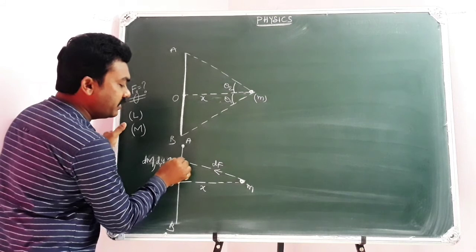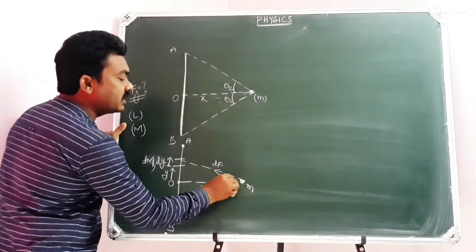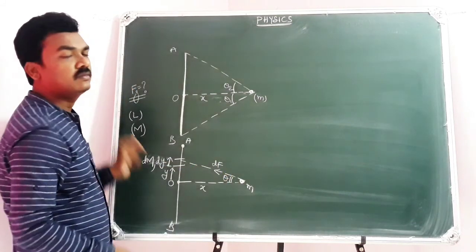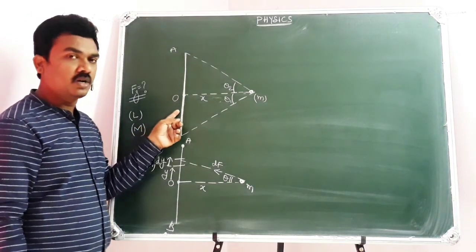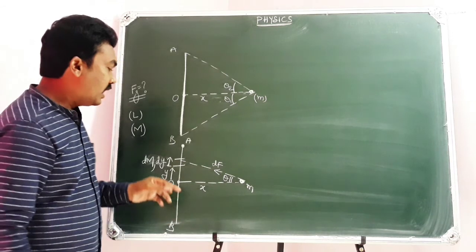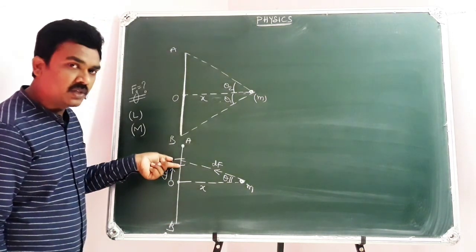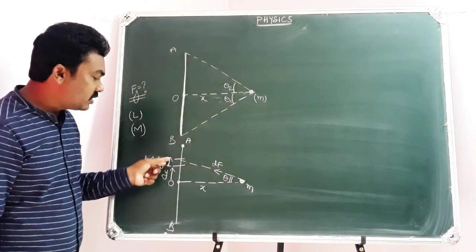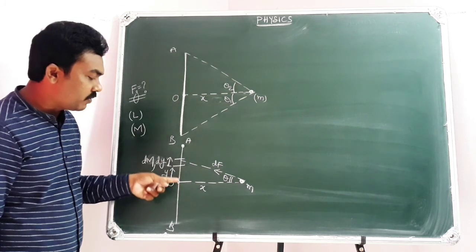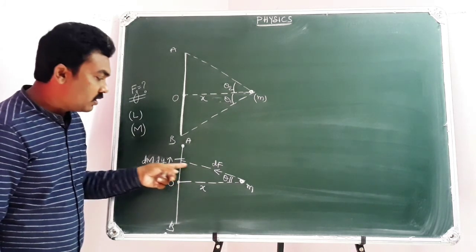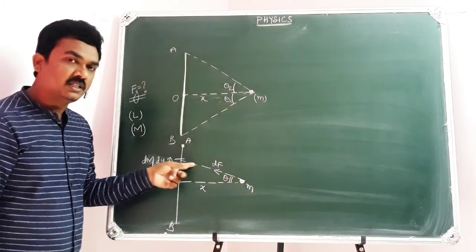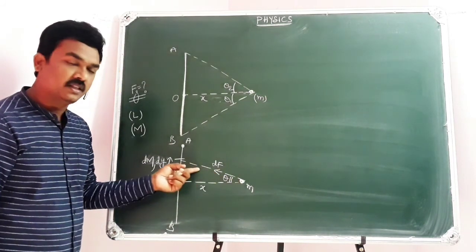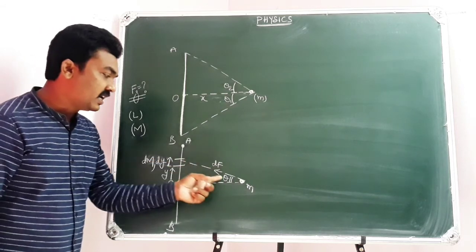Let us suppose the element is at an angle theta. So I repeat, to calculate the force of gravitation due to the rod on the point mass, I have taken a small element of the rod whose length is dy at a distance y from the point O. The force of gravitation on the point mass due to this element is dF. As it is a gravitational force, it is directed like this, and suppose the element is at an angle theta.